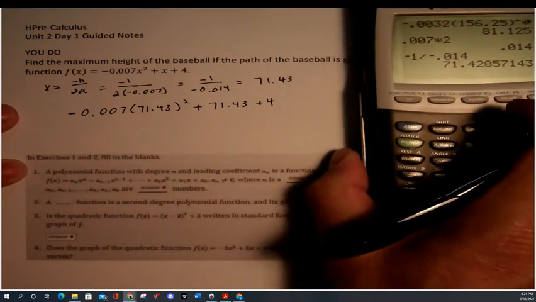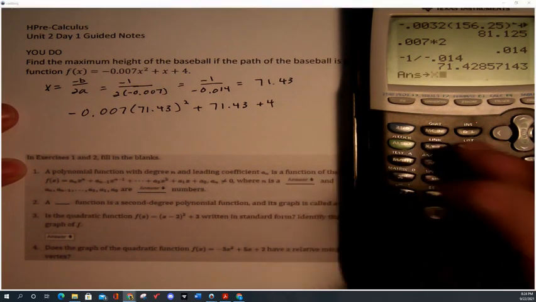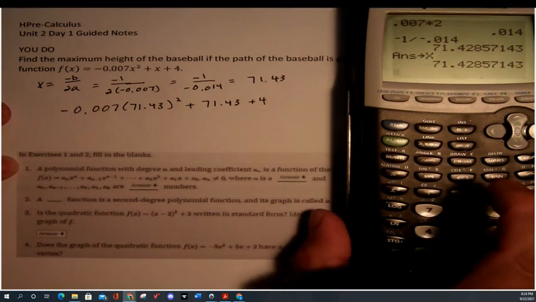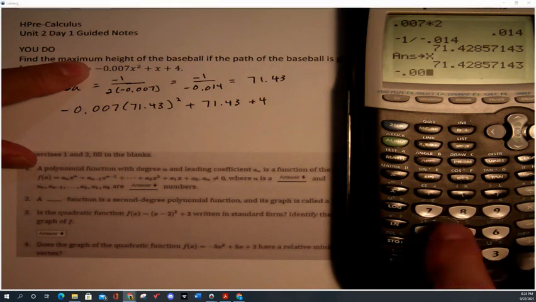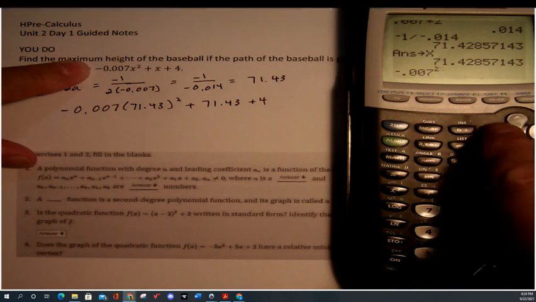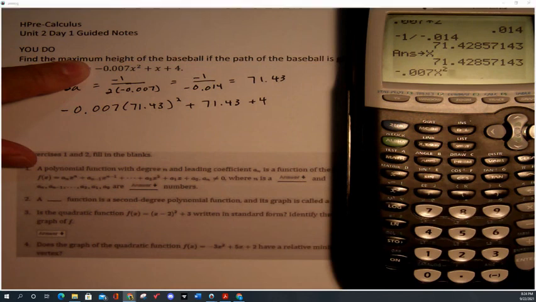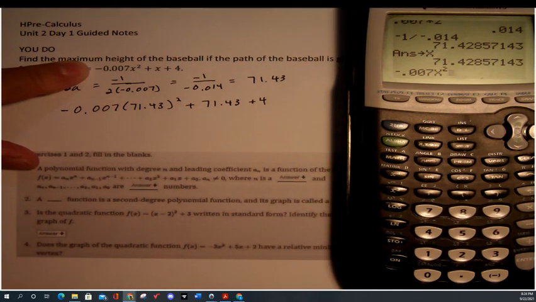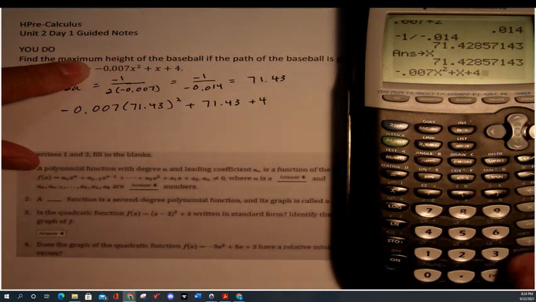And let's type it all out. I'm just storing that number into the calculator so I can just type in an x instead of typing that number in over and over and over again.